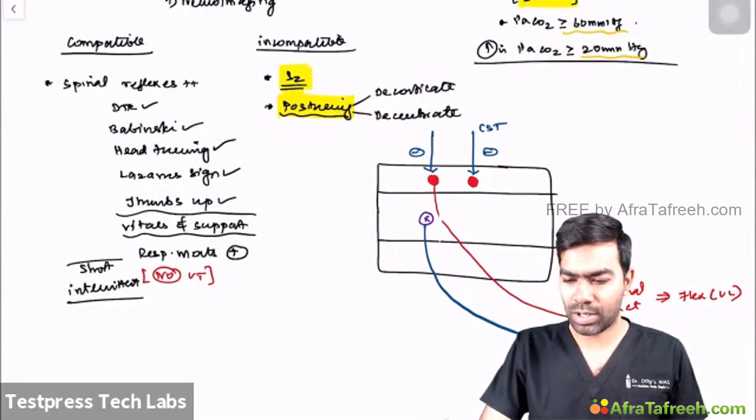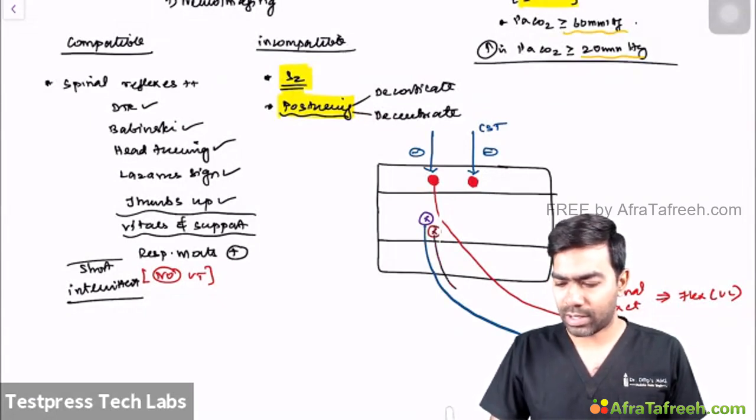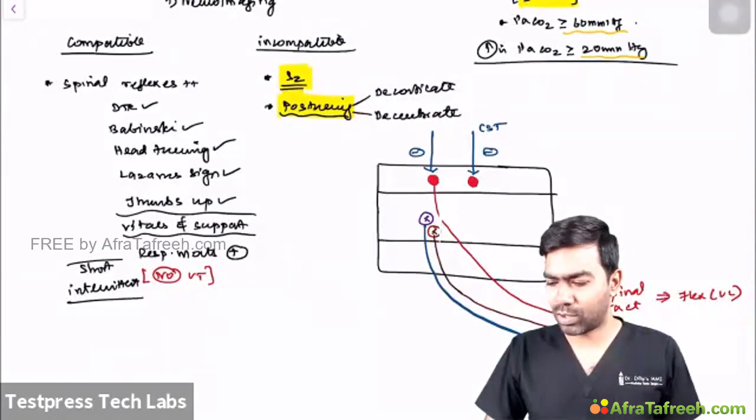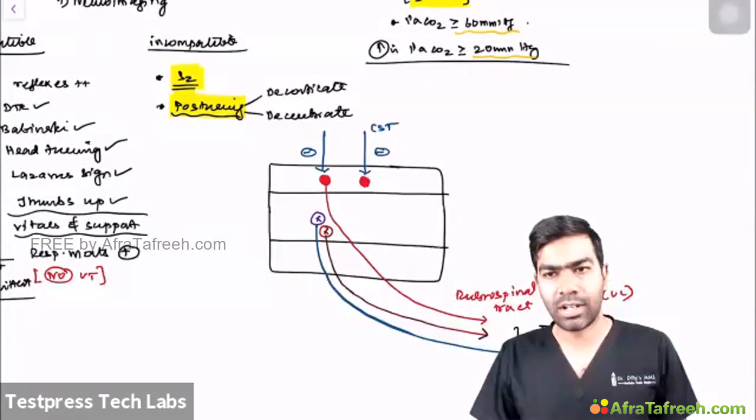Let me talk about a reticulospinal tract. So these are also extrapyramidal pathways. For example, you have tectospinal and you have reticulospinal. These are also extrapyramidal tracts which are strongly suppressed by the corticospinal tract.